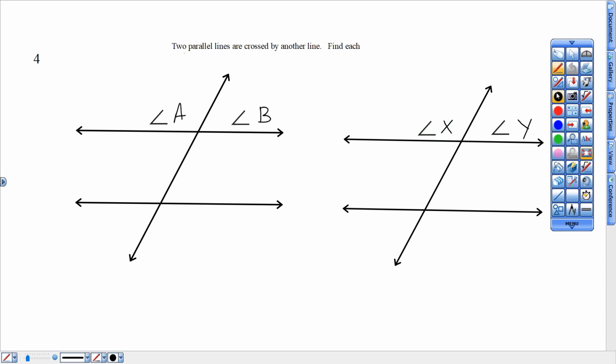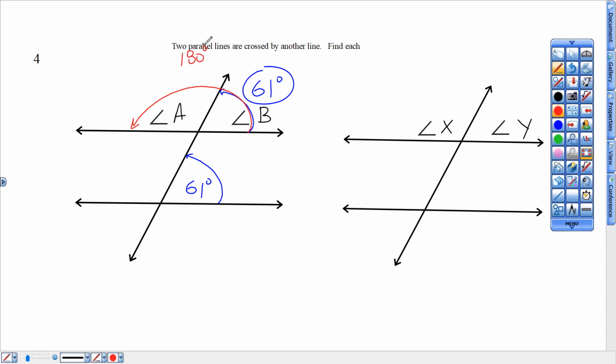All right, so for this one, I give you one of the angles. I give you this one is 61, and I need you to see that this opening is the same as this opening right here. So if this is 61, then B is clearly that same 61. And then all I got to do to find A is take that 61 away from the total that those two make, 180.